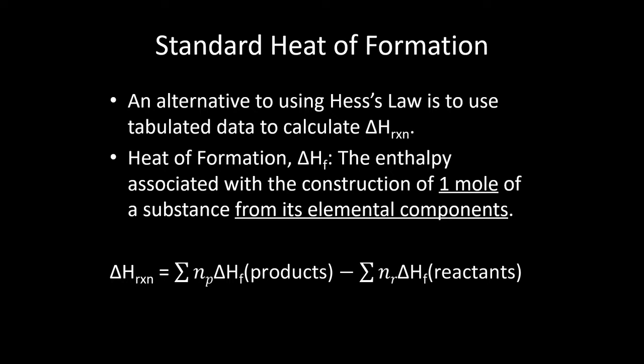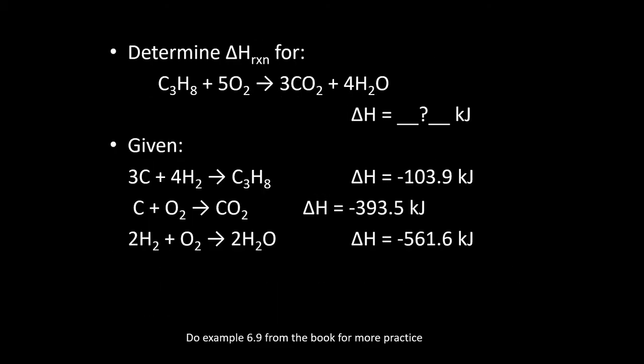A heat of formation is the enthalpy associated with the construction of 1 mole of a substance from its elemental components. So what we've seen mostly in the last couple of examples with Hess's law would be examples of a heat of formation. Like this one here with propane.